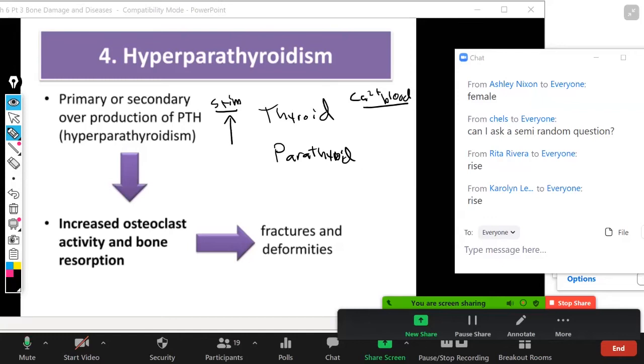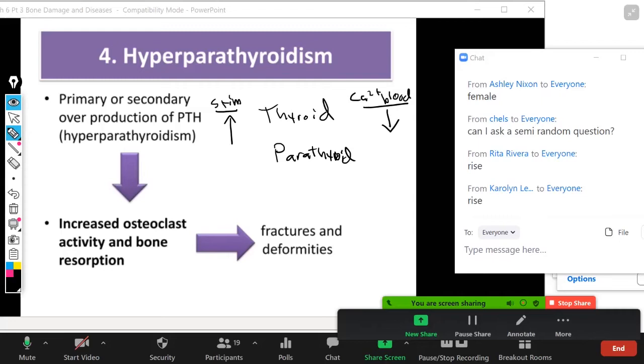So calcium levels are going up. It will then release a chemical called calcitonin. Yes, calcitonin. I had to think about it, make sure I'm saying the right words. And in response, the blood calcium level will come back down. So if there's too much calcium in the blood, it will bring it down.